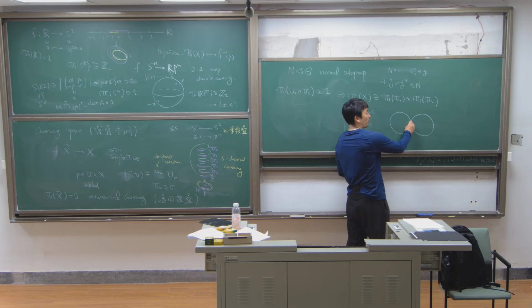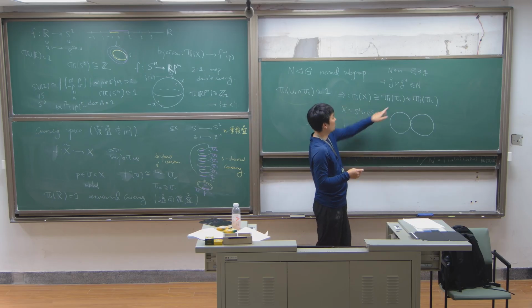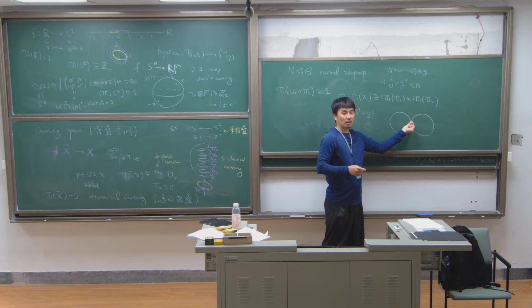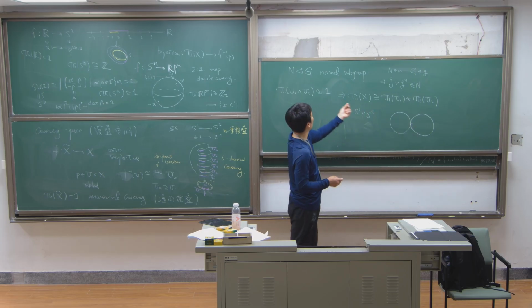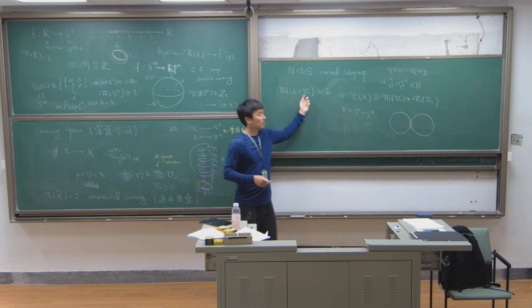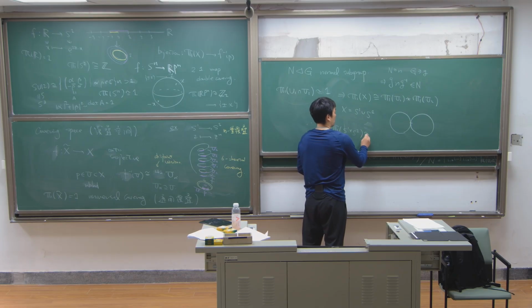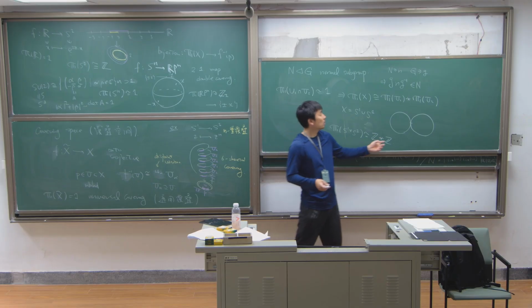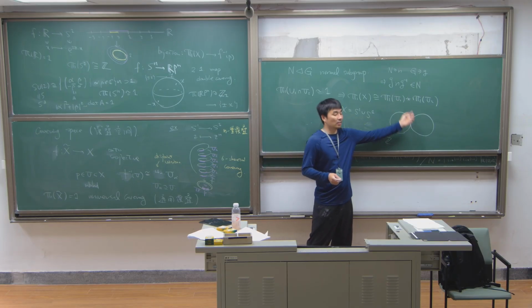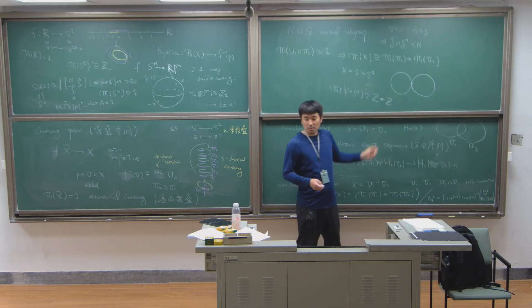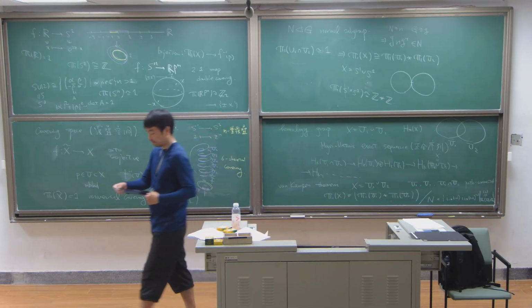U1 is S1, U2 is S1, and the intersection is a point, whose fundamental group is of course trivial. In this case, pi 1 of S1 wedge S1 is the free group on two generators, since pi 1 of S1 is Z. So that's the simplest application of the van Kampen theorem.